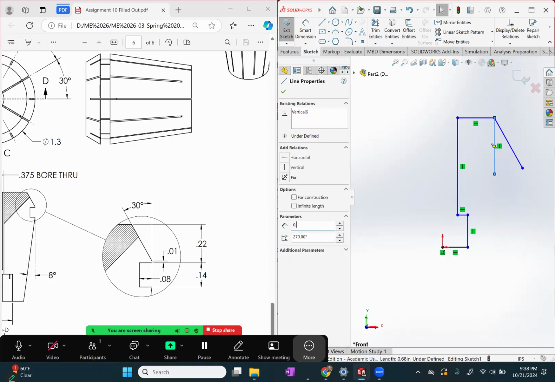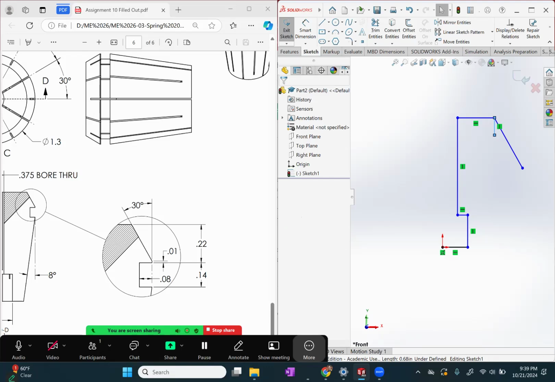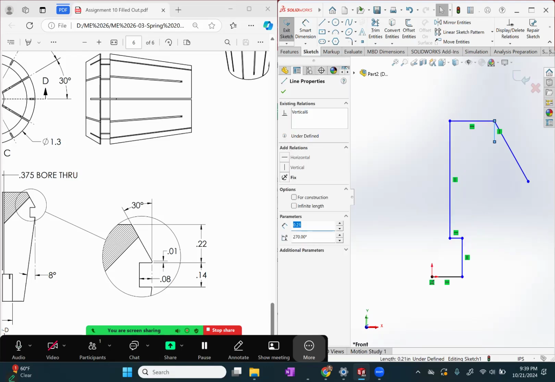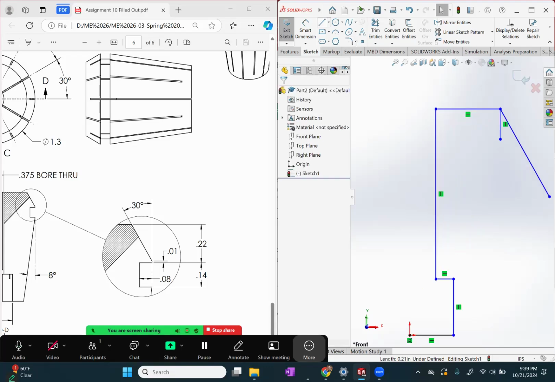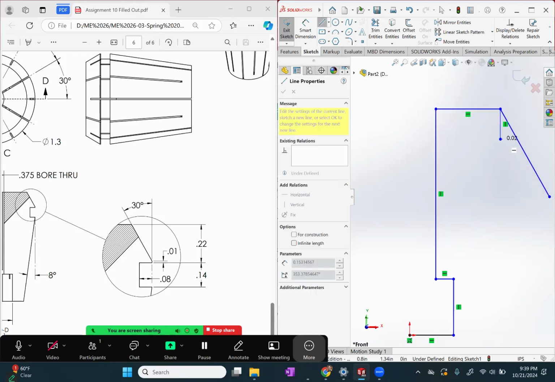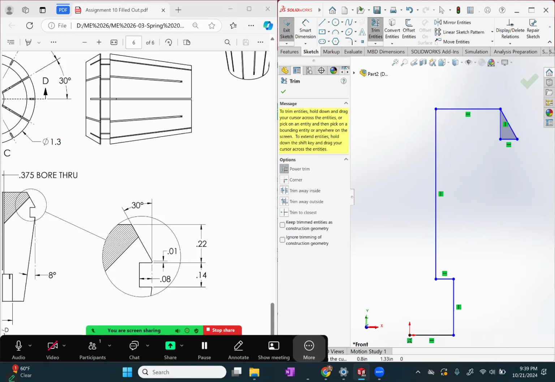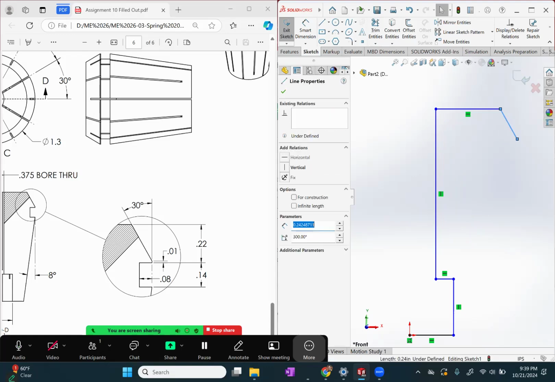So this is that right? Yeah, that looks right. So 0.21. I'll draw another horizontal line to make these intersect. So if I trim these two and also these, this is my line.